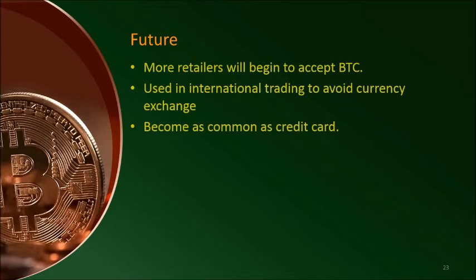So, the future of the Bitcoin. Bitcoin thinks that more retailers will begin to accept BTC, it will be used in international trading to avoid currency exchange, and become as common as credit cards. For example, in international trading, if I go from Nepal to America and all my money is finished and I find there is no exchanger around me, I cannot buy anything with the Nepalese currency.